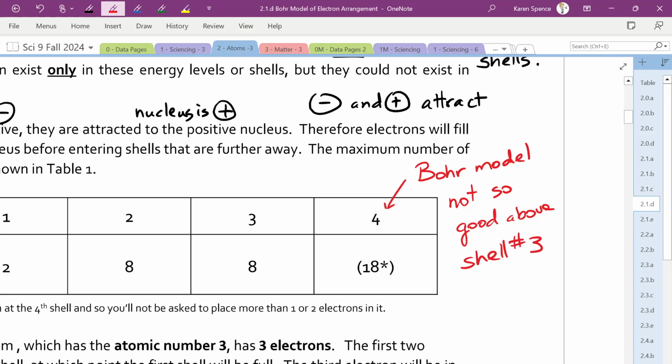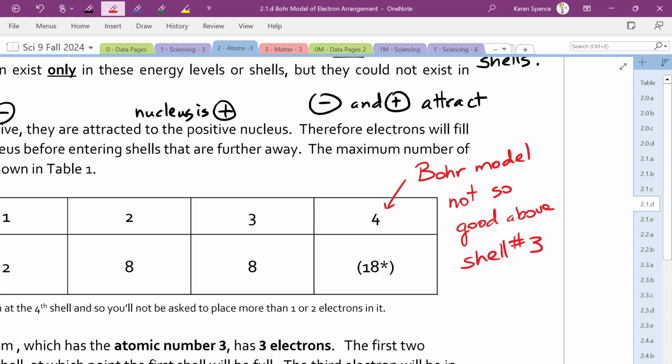That's why I've got it in brackets with a little star beside it, because maybe it contains 18. Maybe in grade 10, your teacher will teach you that it contains 18 electrons. Maybe they won't. I don't know. You've been introduced to the concept, so there we are. We're only going to be dealing with the first 3 shells, and we will have a 4th shell, but we'll only put 2 electrons in at maximum. It can hold more than 2, but we're not going to draw anything past that.